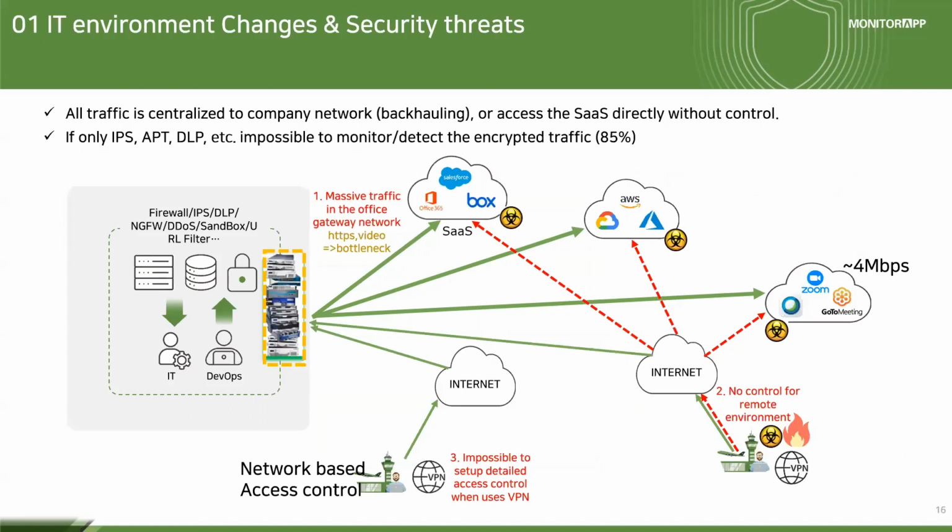So here is one page combining the current IT architecture. In the current architecture, we have three major issues. The first one is the massive traffic in the office gateway network.